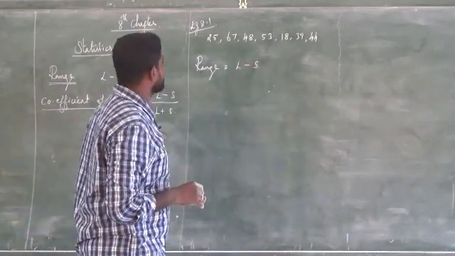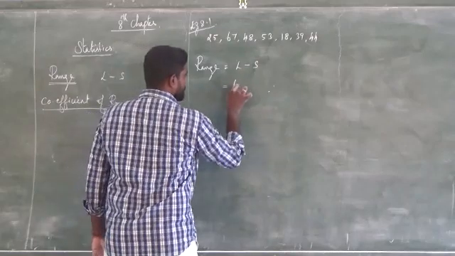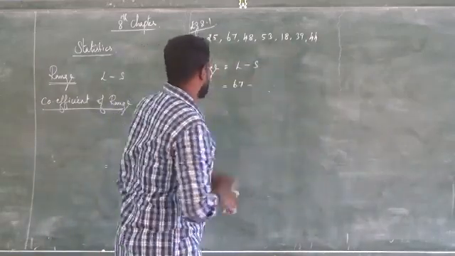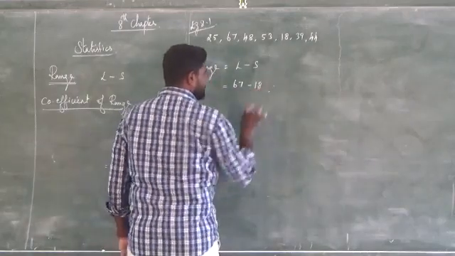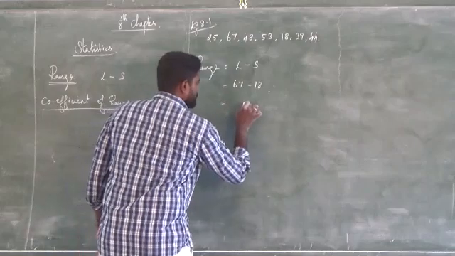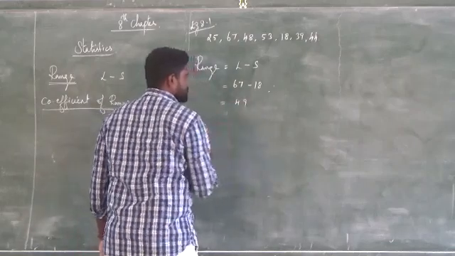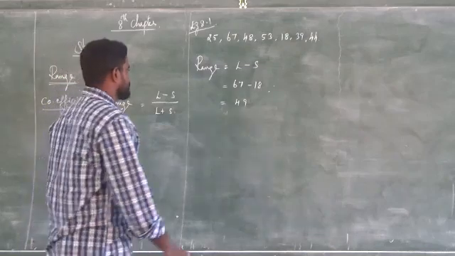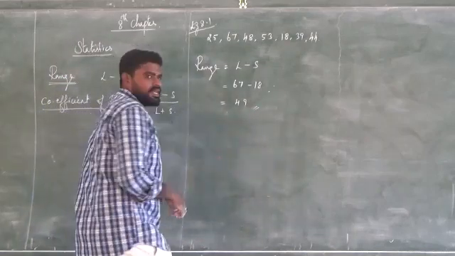Here the largest value is 67 and the smallest value is 18. So 67 minus 18 is 49. So 49 is the value of range.